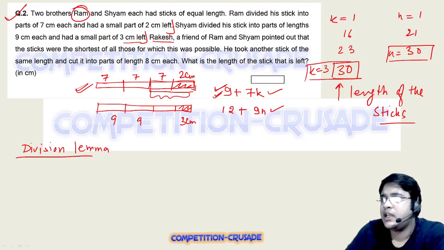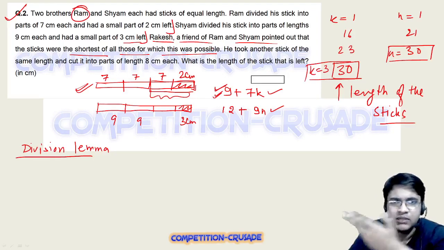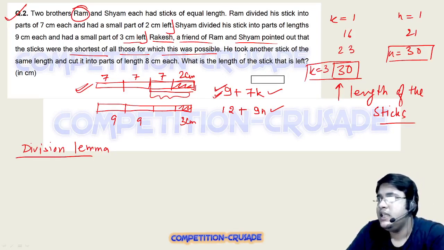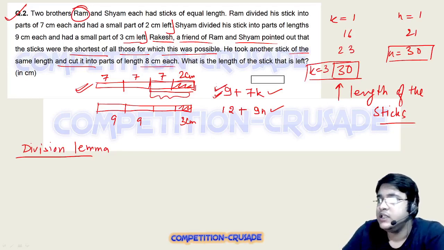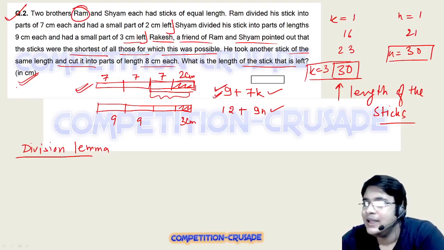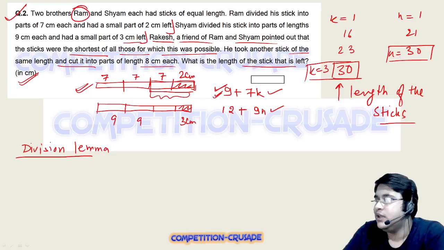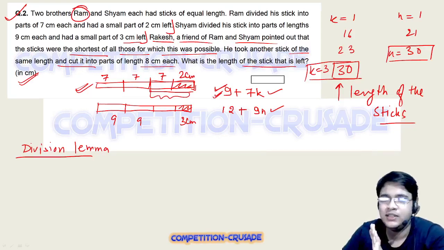This third person, Rakesh, comes into the picture. A friend of Ram and Sham pointed out that the sticks were the shortest of all those for which this was possible. Obviously, this makes complete sense. He took another stick of the same length and cut it into parts of 8 centimeters each. The question is, what is the length of the stick that is left? When I read it the first time, I assumed the length of the stick is 30 units, centimeter, millimeter, kilometer, light year, whatever you want to take.